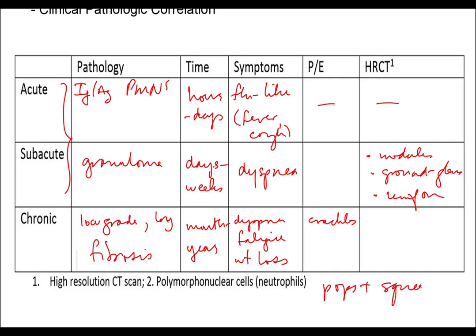Now, I've personally not worked in this area, so I can only tell you that's what people report, is it's a distinctive pattern. And as well, once we start getting these systemic changes, you might see clubbing of the fingers. And now when we come and take a look at our imaging, we're not only going to see the nodules and the ground glass of the acute disease, but we're also going to see progression of disease to our honeycombing.